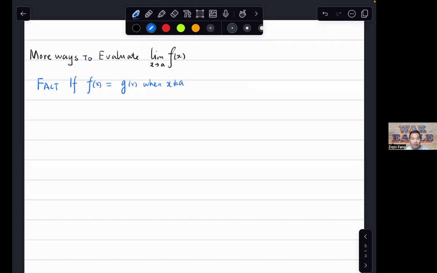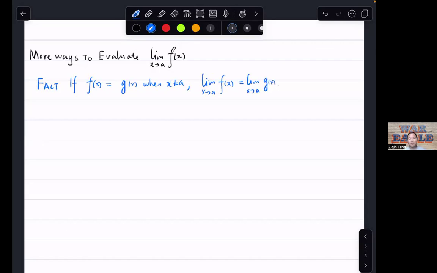In the sense of evaluating the limit, this implies the limit as x goes to A of f of x is equal to the limit as x goes to A of g of x. This gives us a way to evaluate limits.